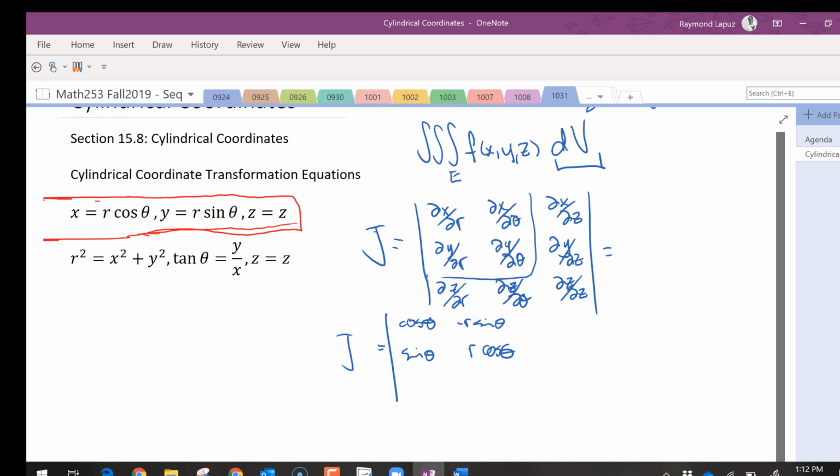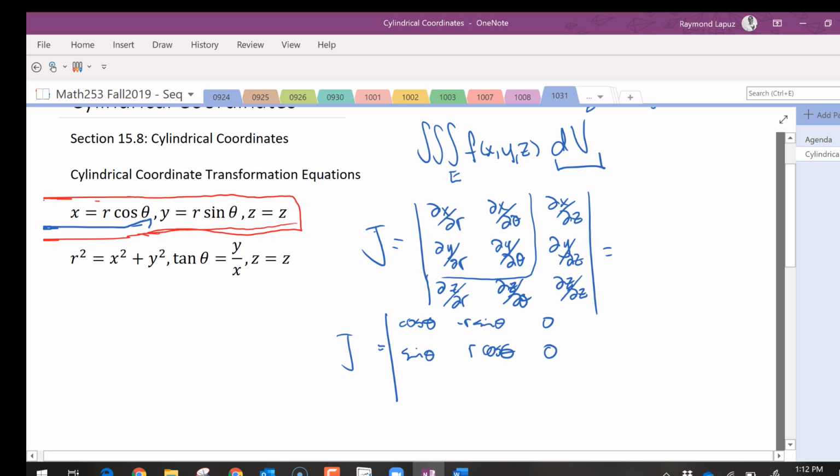I'm looking at the x function and I want the derivative of that with respect to z. There are no z values, right? So the derivative is 0. Same with the second one, dy dz: the derivative of this with respect to z is also 0.